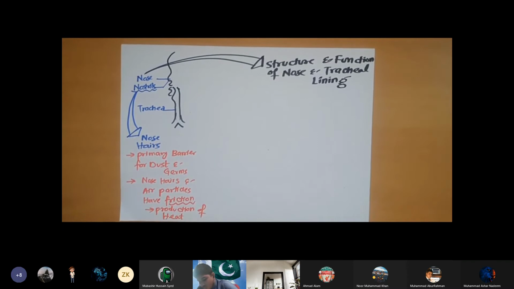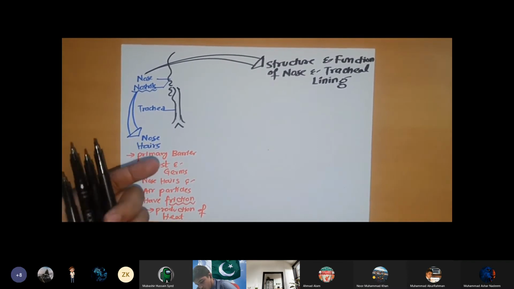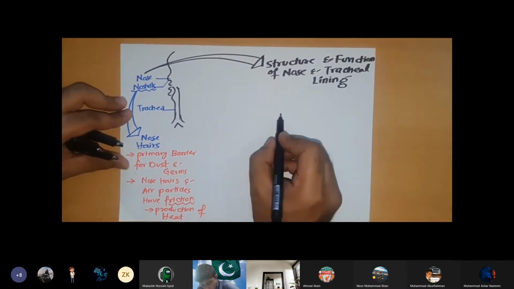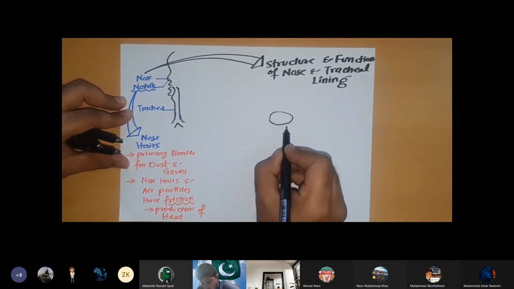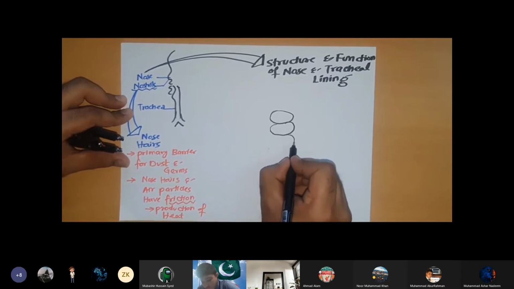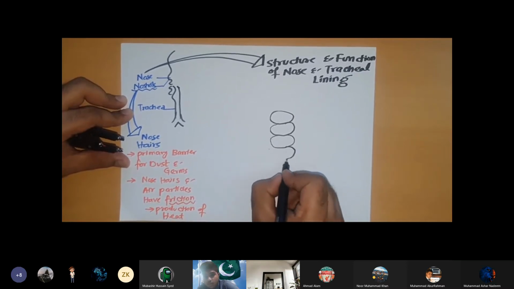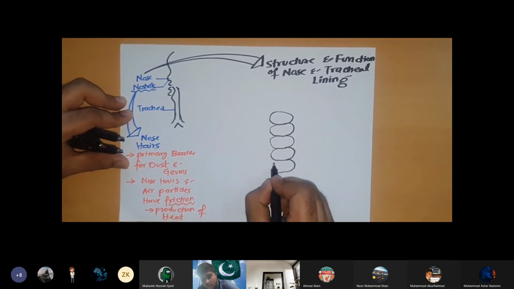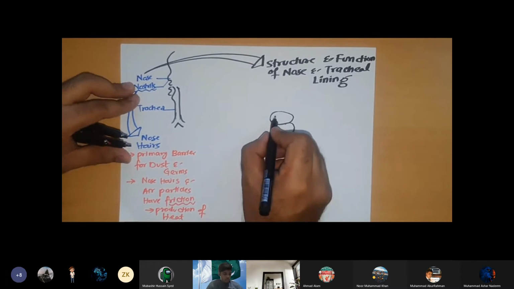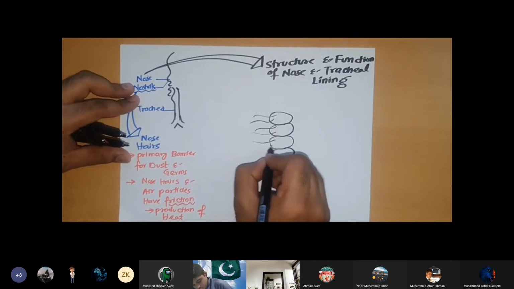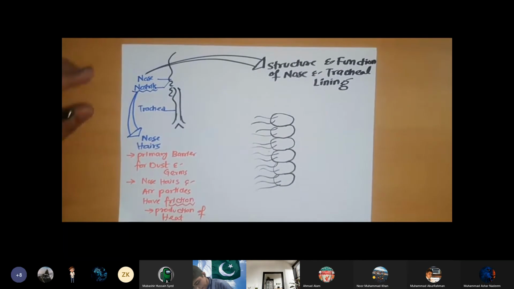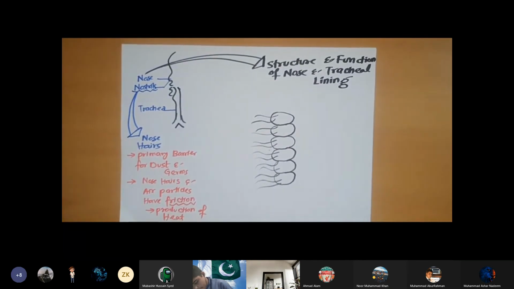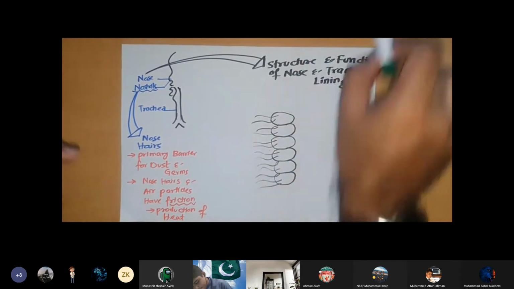The nose and trachea have specialized cells over here. These special cells have some hair-like structures coming out of them. These special cells are called ciliated epithelium.